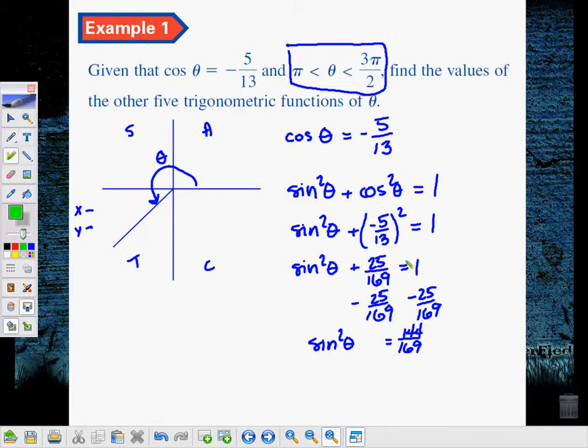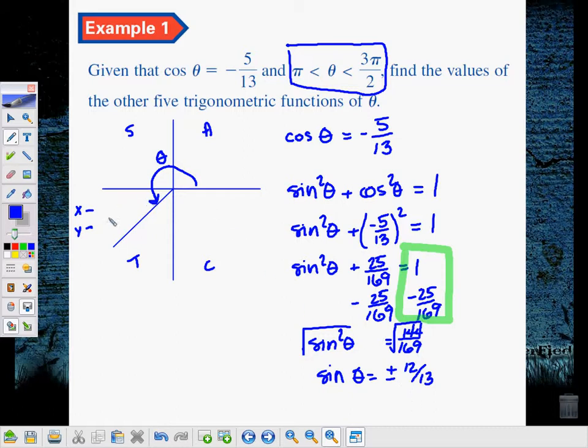I got that just by subtracting these. If you're not comfortable with the fraction work, just use your calculator, okay? Now when I take the square root of both sides, I get the sine of theta equals positive or negative 12/13.